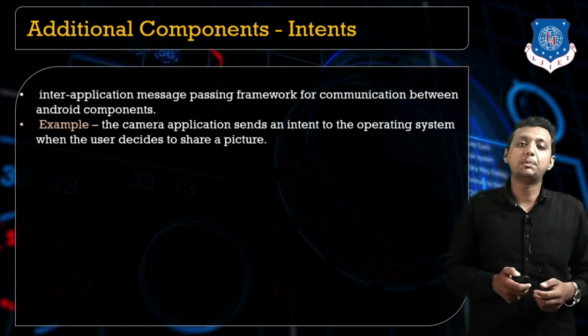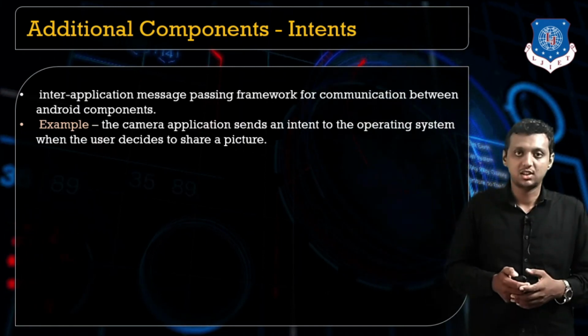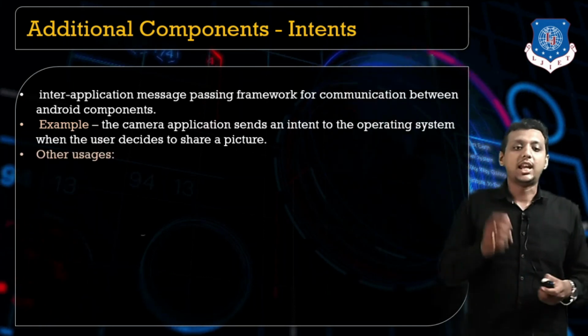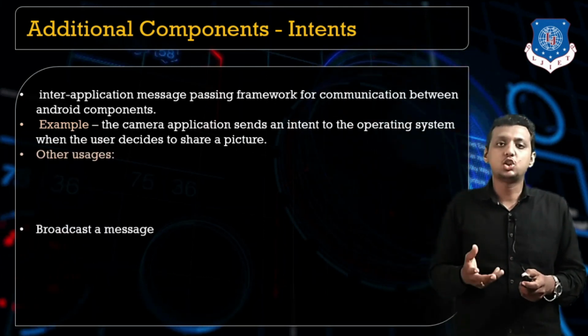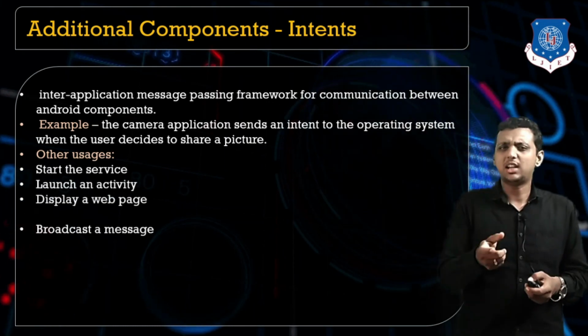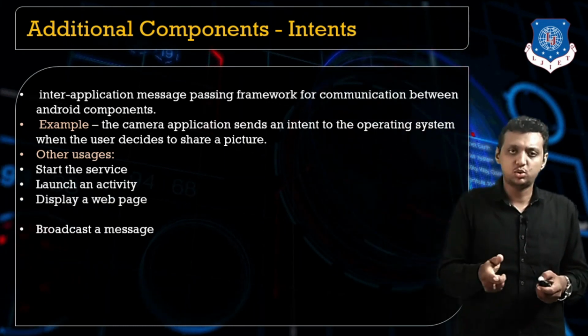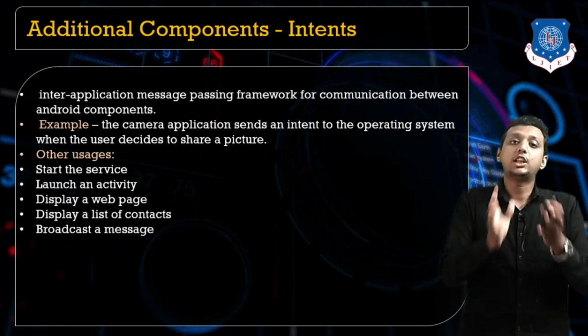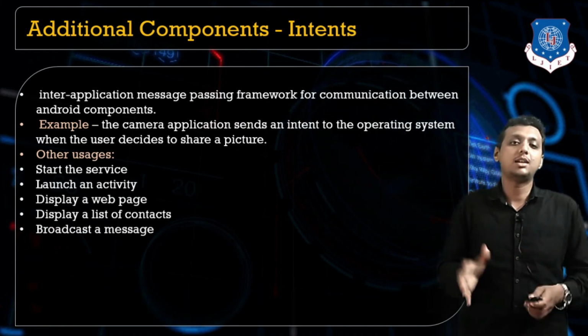They are given the permission to take your photos. It's all done by the intents. Another usage of the intent is to broadcast messages as well as start services. When you want to start any service, it will give the message to the service, as well as launch an activity, display the web page, display the contact list. All these things are done by the intents only.